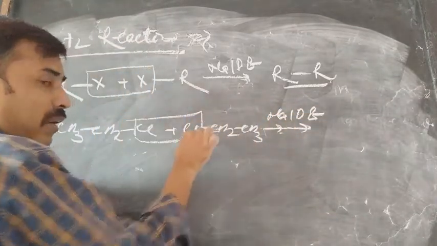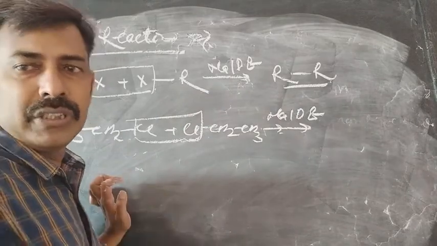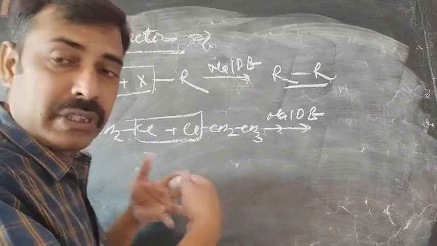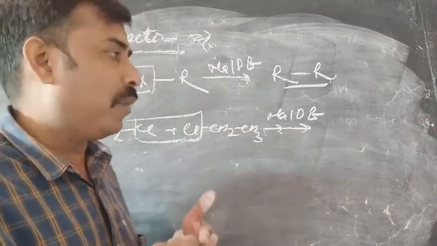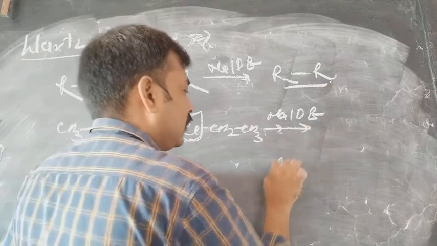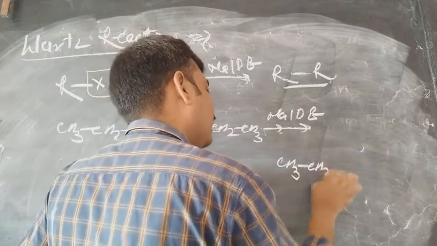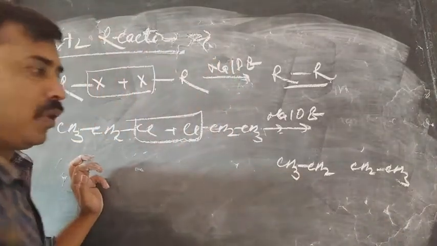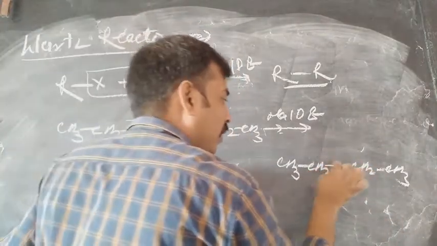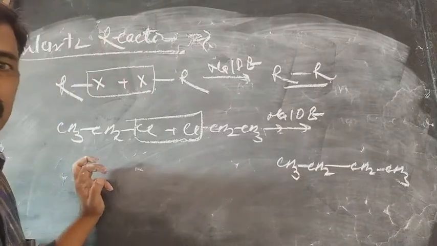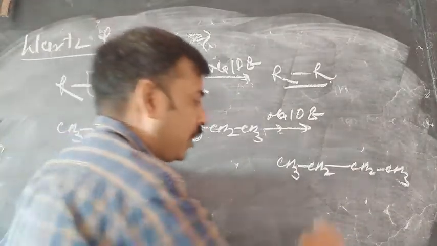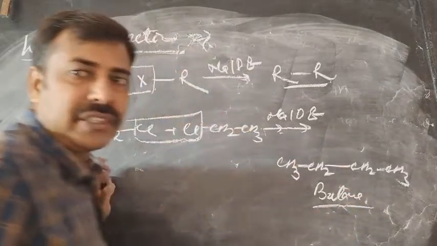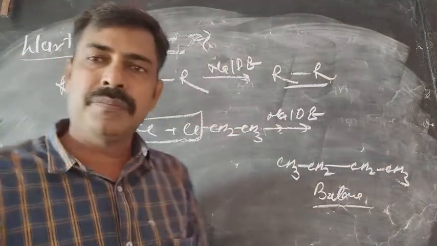The removal of halogen takes place, and from the positions where the halogen is removed, they combine with each other to form the product, CH3CH2 and the next species CH3CH2. From these positions the halogens were removed, so they will be bonded to each other and form butane. This is called the Wurtz reaction.